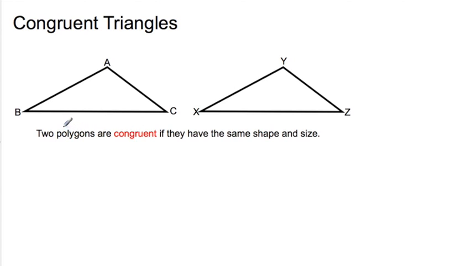triangles are identical. That means angle A matches up with angle Y, angle B matches up with angle X, and angle C matches up with angle Z. Also, we can see that the side length AB is the same as XY, or YX, if you will.